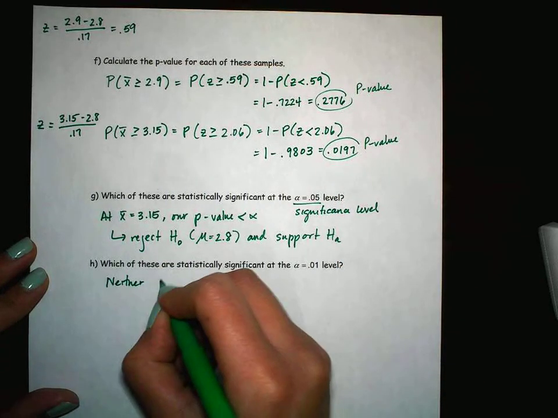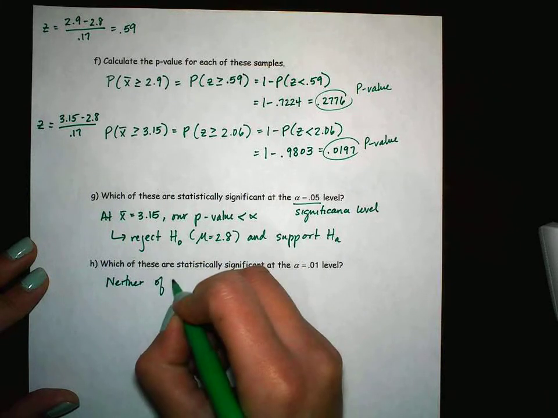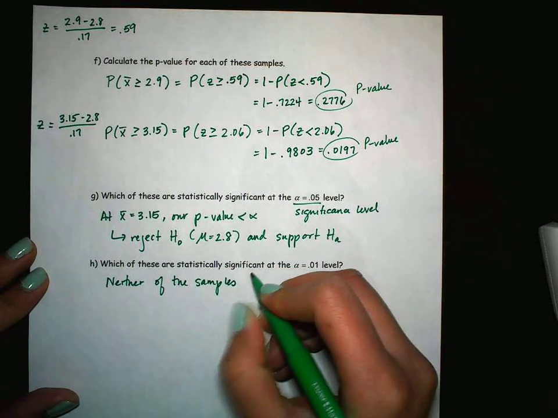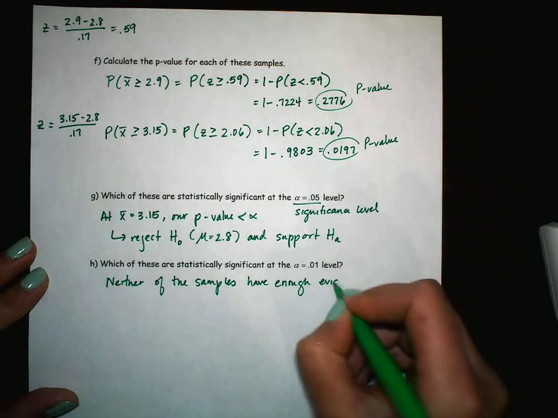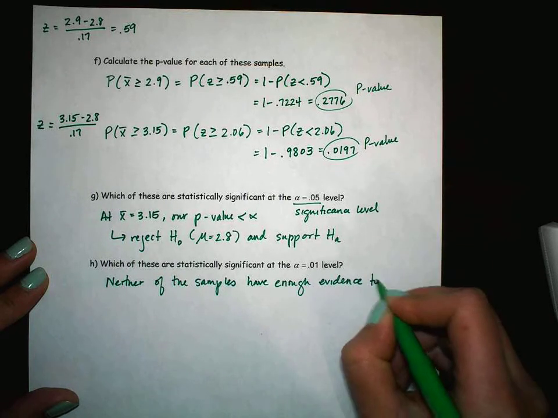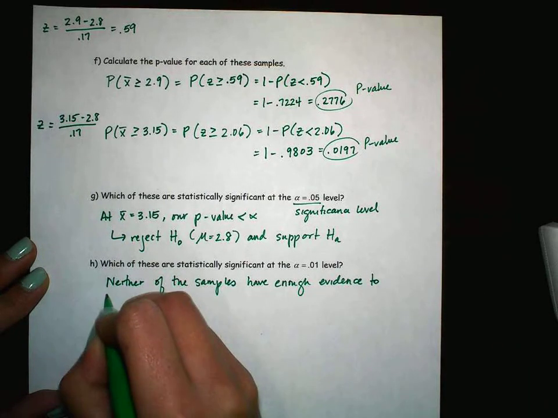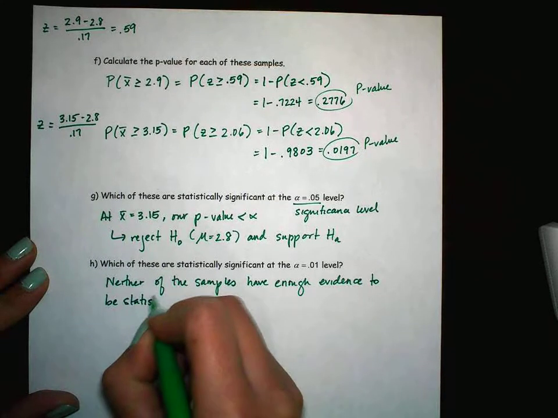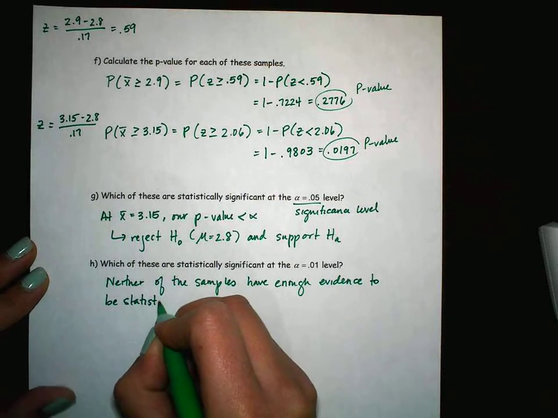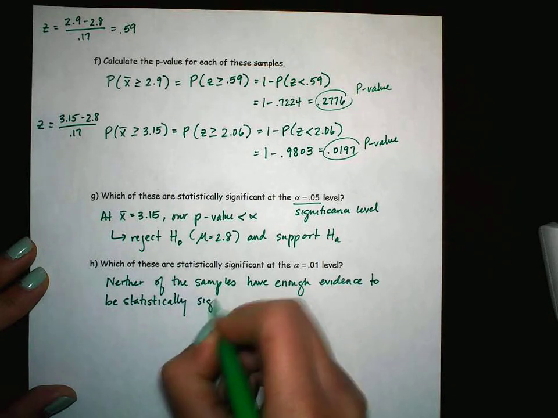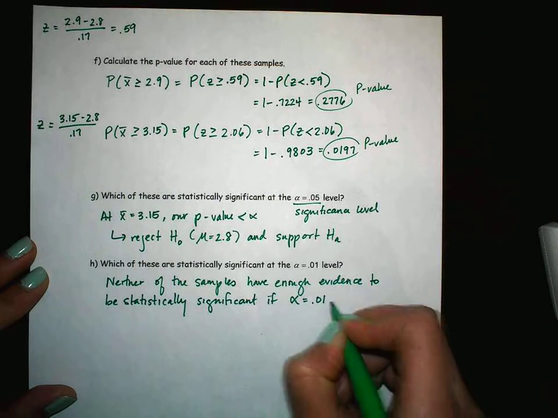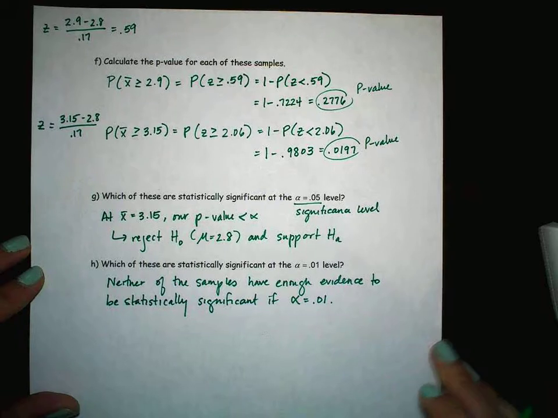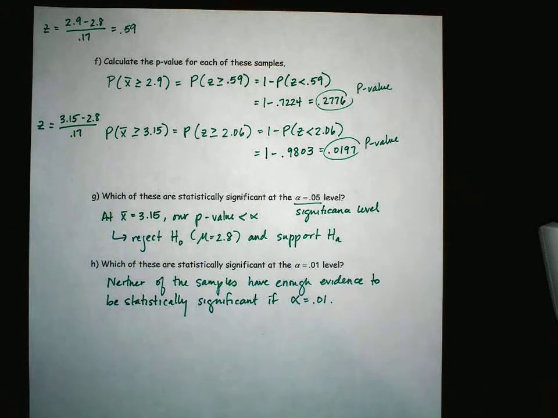So neither of the samples have enough evidence to be statistically significant if alpha is equal to 0.01. Okay, so this is a pretty easy example of what you'll do for chapter 9.